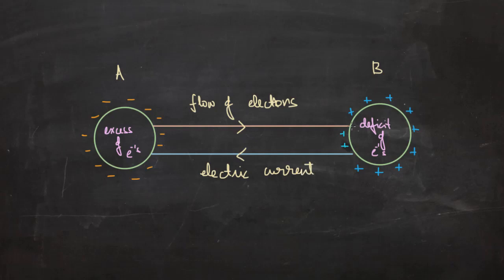The body that has a deficit of electrons is at a higher potential, and those with the excess of electrons is at a lower potential. So flow of electrons takes place from a lower potential to a higher potential, while electric current takes place from higher potential to lower potential.